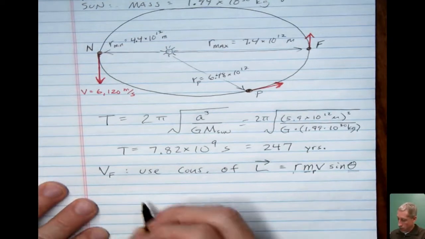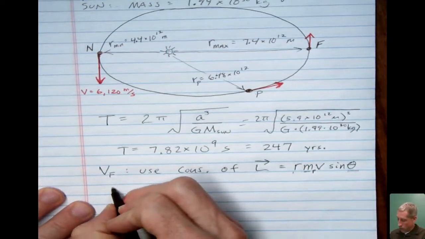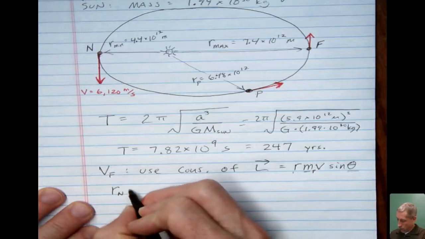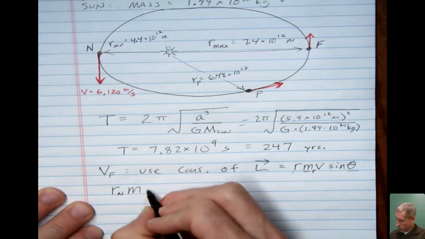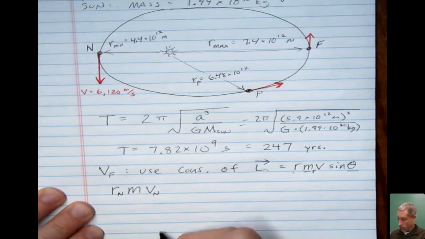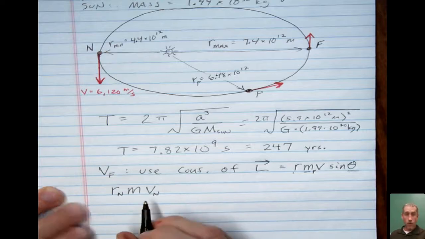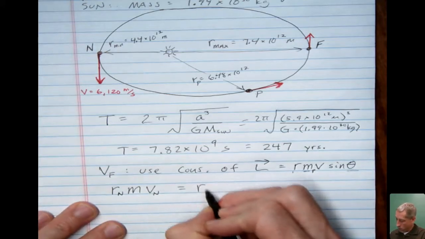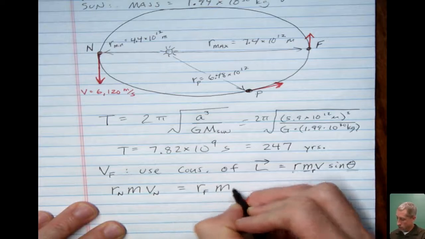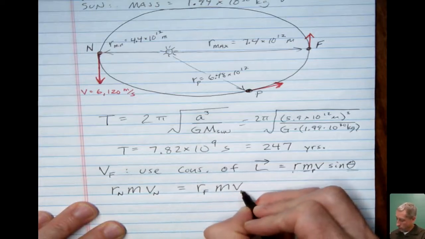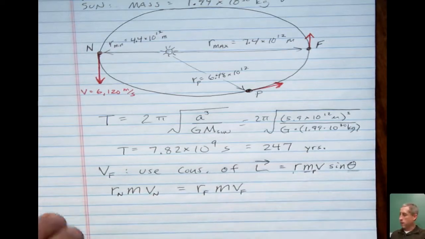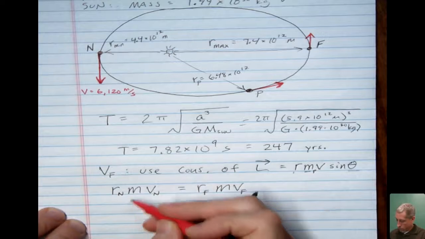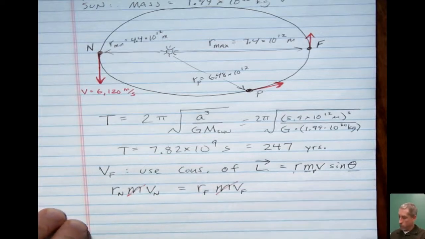So when I write all this out, I would say R at that near point times the mass of Pluto times the velocity of Pluto at the near point, times, again, the sine of 90, which I'll leave out, is just equal to R at the far point times the mass of Pluto times the velocity at the far point. And you see how this very nicely just becomes a simple proportion.